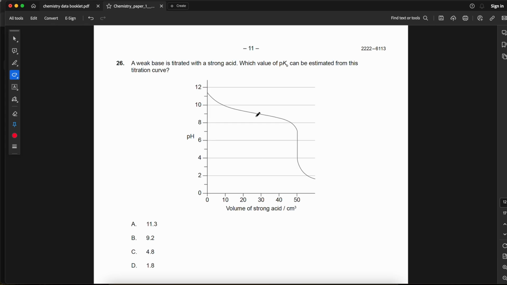So half, that would be around here, okay, so it's around 9 something. So if pKa is around 9 something and pKa plus pKb is 14, so pKb will be 14 minus 9 something, that would be 4 point something, which is C.